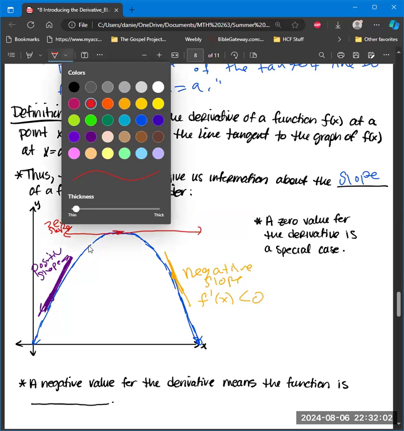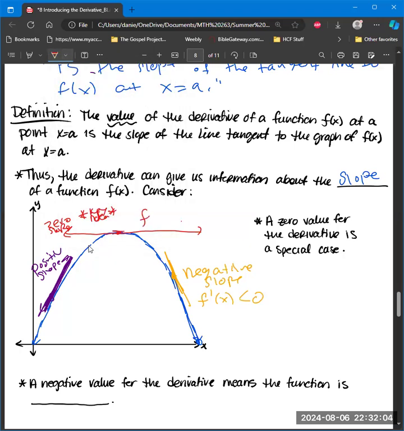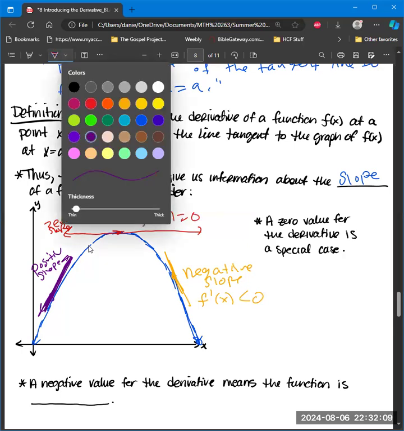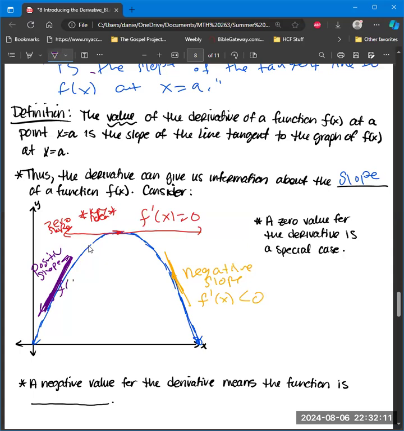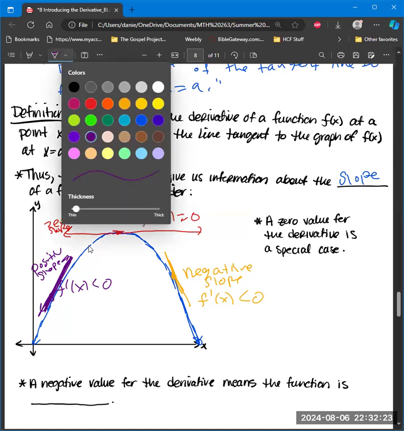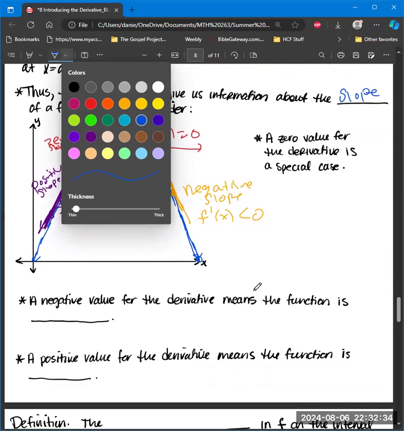Here we would have f prime of x is equal to 0. And here we would have f prime of x is less than 0. All right. So a 0 value for the derivative is a special case. Like I just said, we're going to want to pay close attention to that. f of x is neither increasing nor decreasing when the derivative is 0.